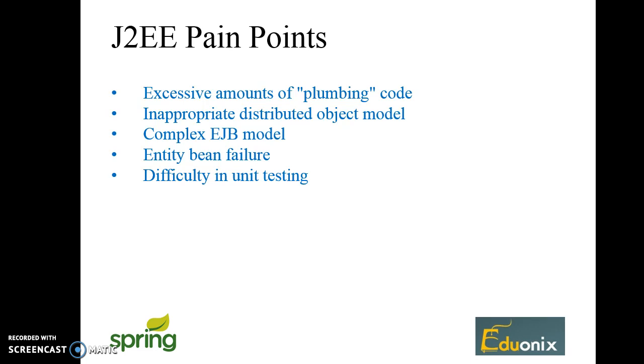But what does it actually do? It loads the code. It adds a lot of code which is not necessary, which our developers should not have to worry about or write. So a lot of effort goes into creating beans, rather than writing the business logic. So overall, the EJB model, particularly the entity bean, is a failure. It doesn't work as it was expected to.